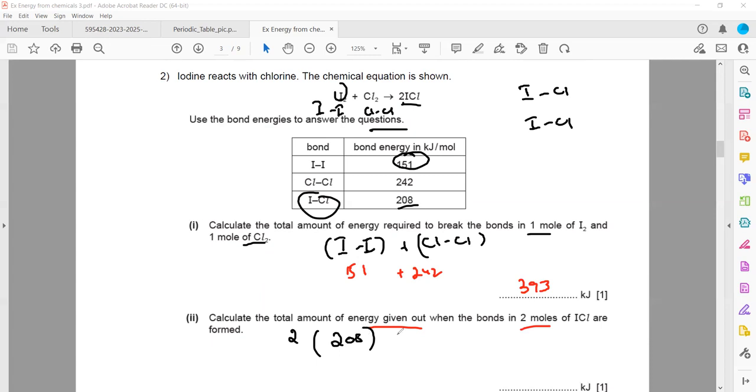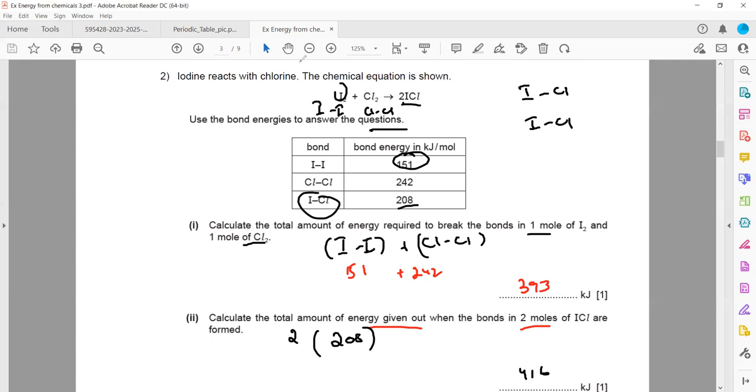So 2 multiplied by 208 is equal to 416. So 416 is the amount of energy released when these 2 bonds are formed. So one is the bond breaking energy, the reactant side, and the product side is the bond forming energy.